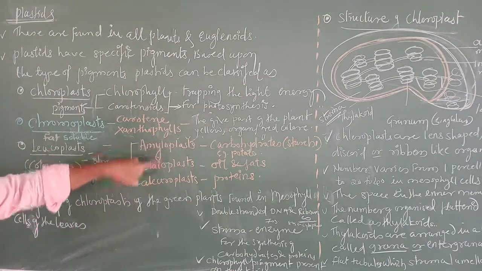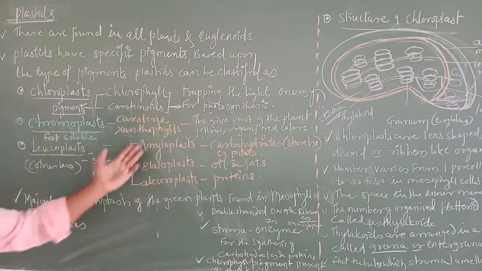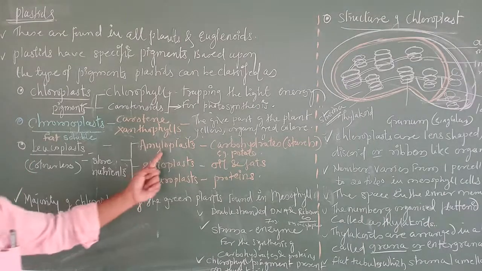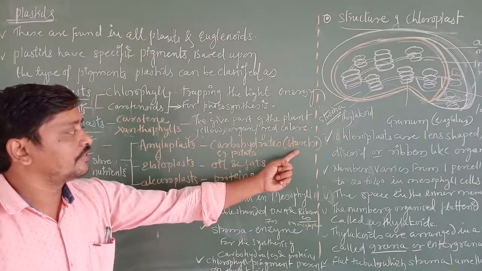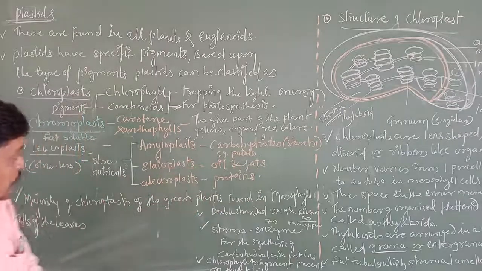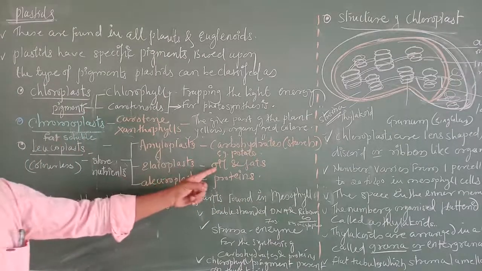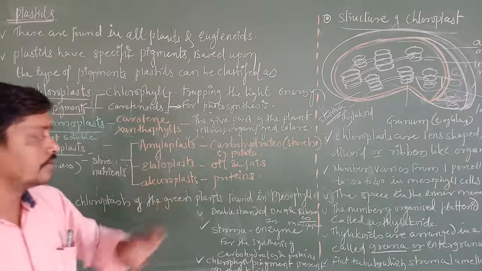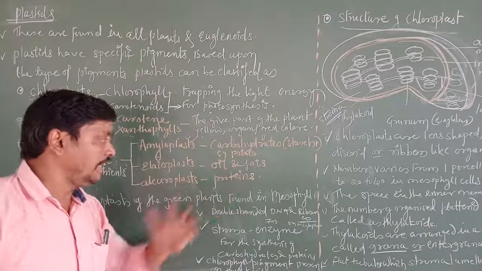These are of three types, and they are helpful for the storage of nutrients. Amyloplasts store carbohydrates like starch, for example potato. Elaioplasts store oils and fats. Aleuroplasts store proteins.